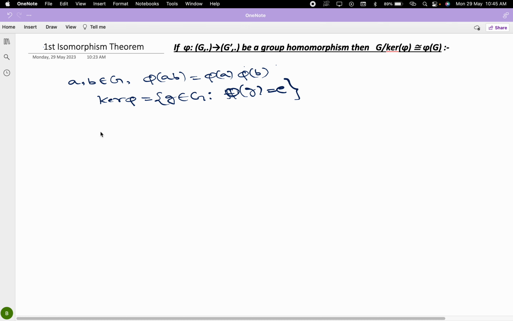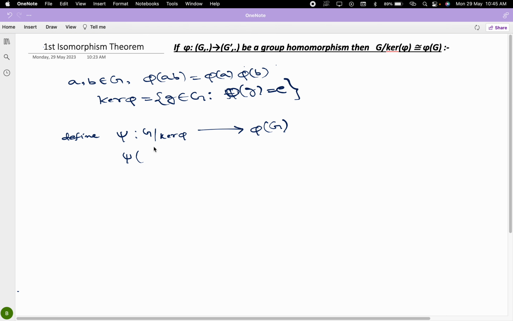So let's try to find a bijection and a group homomorphism, and define another map psi from G mod kernel phi to the image of phi.